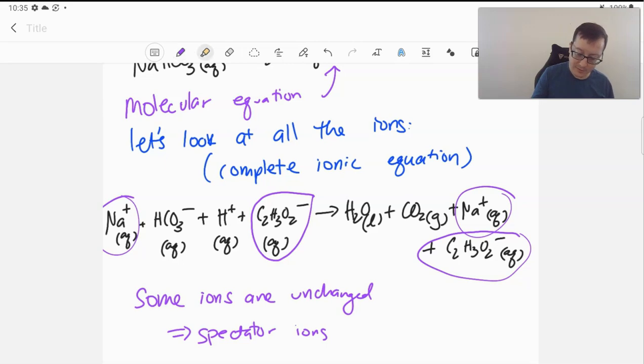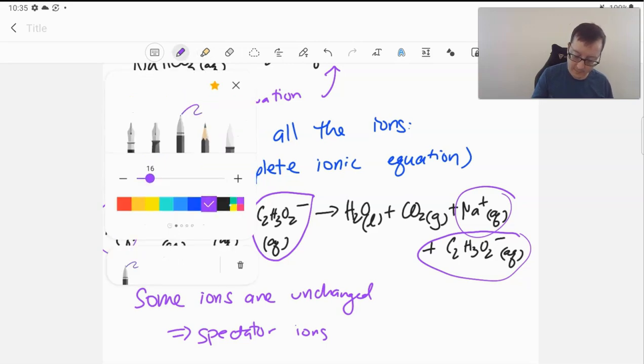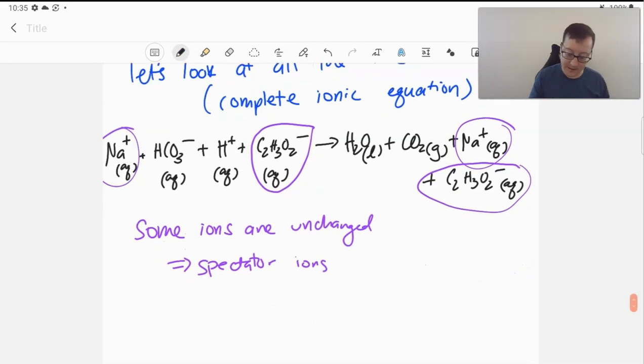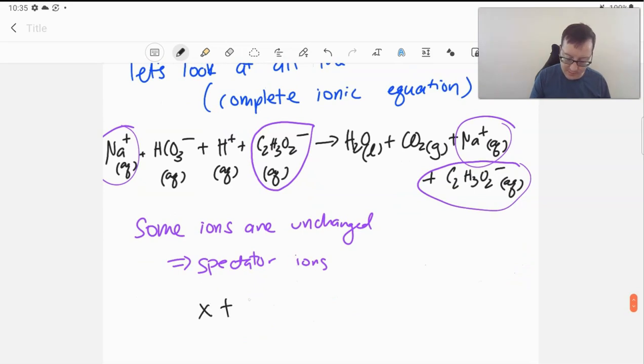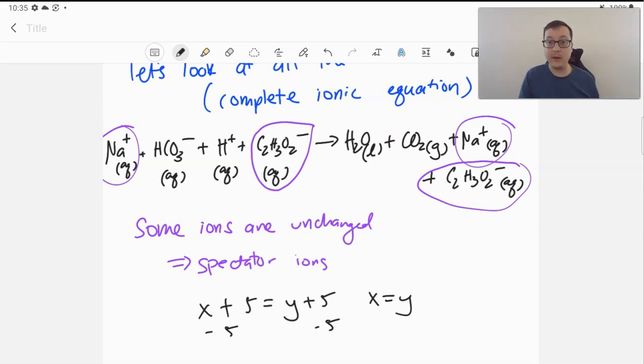If we remove the spectators, because if we had an algebraic equation, x plus 5 equals y plus 5, we could subtract 5 from both sides, right? And we'd get x equals y, right? We can do the same thing with chemical equations. If we have sodium ion on both sides, we can remove it.